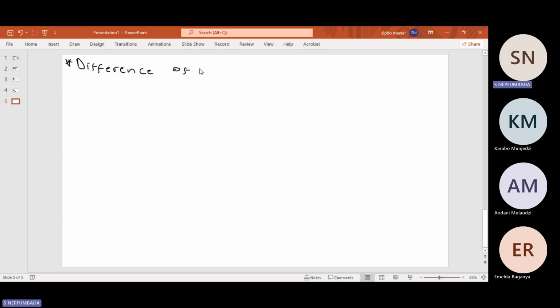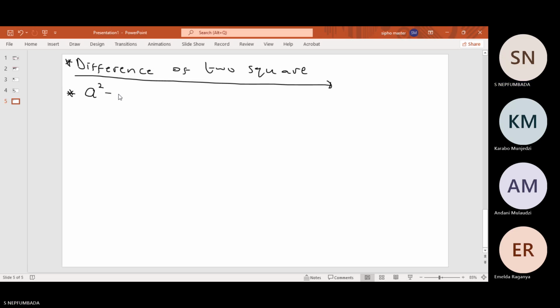Difference of two squares. When we're talking about the difference of two squares, let's say we have as an example a squared minus b squared. We must have two brackets.